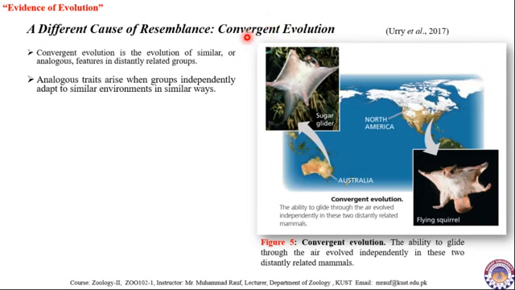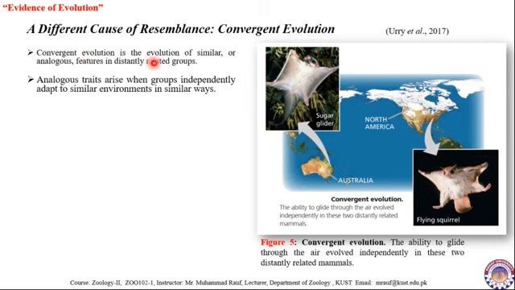Convergent evolution is one of the patterns of evolution. It is a process in which two species that are not related genetically develop similar features because of living in the same environment as an adaptation.